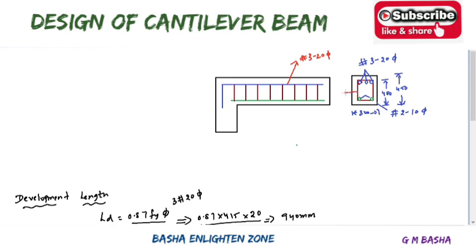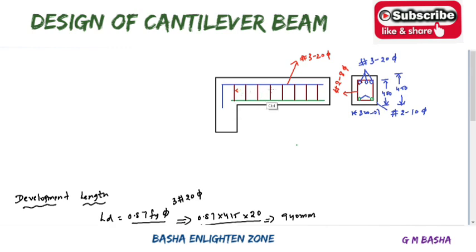And whatever you are observing here will be the stirrups which we are providing, two legged 8 mm dia bar. So I will write like this: two legged 8 mm dia stirrups at a spacing of not greater than 300 mm.